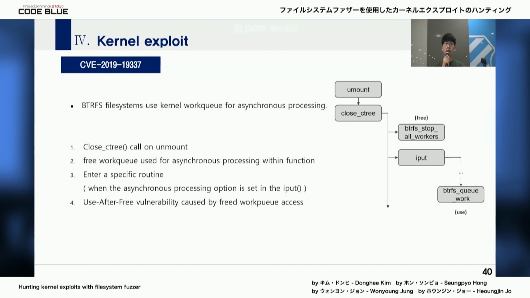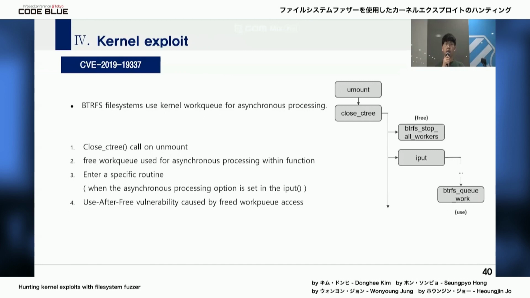First, the vulnerability is a UAF found in the BTRFS file system. In BTRFS, the kernel work queue function is used for async operation, and our work queues are released by the close function, which is called during the unmounting process.